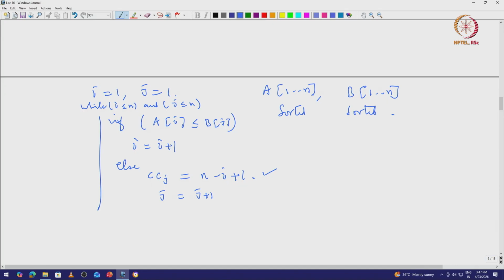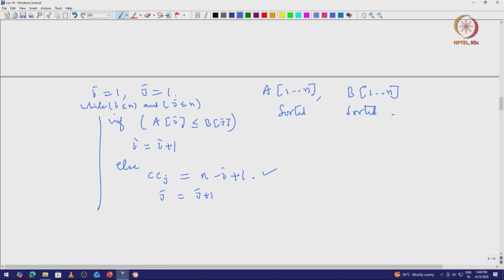So, it is like a merging routine, except that we are not interested in merging here. All we are interested in is that we ignore the smaller values and count only the larger values. How many in A are larger than the current Bj? That is the cross count Cj.